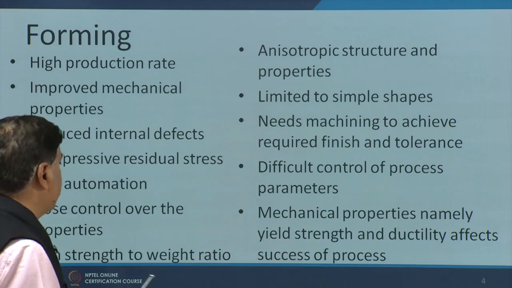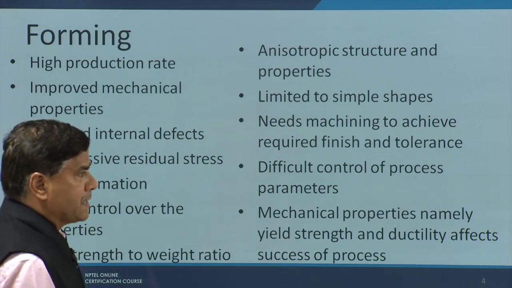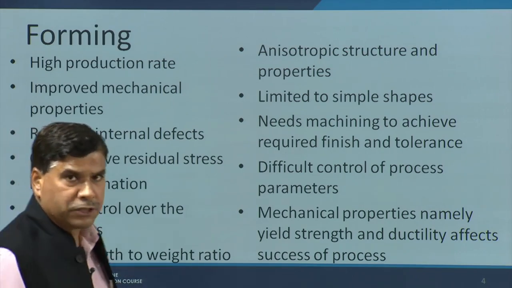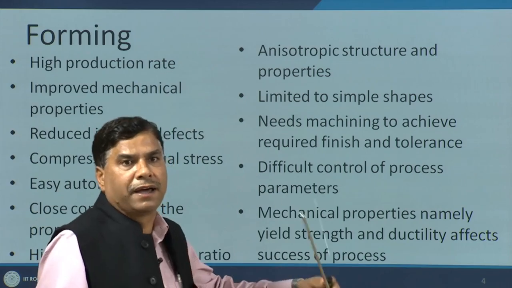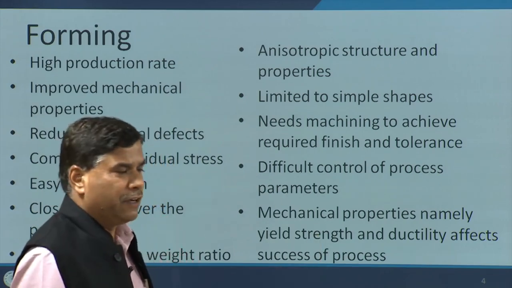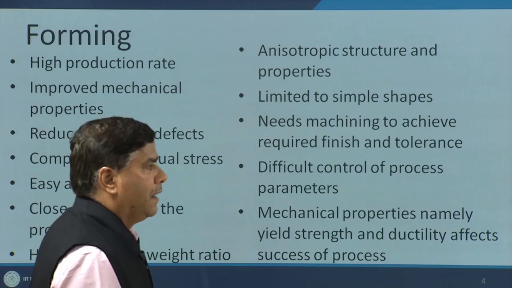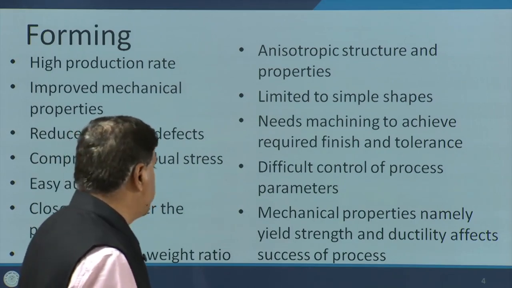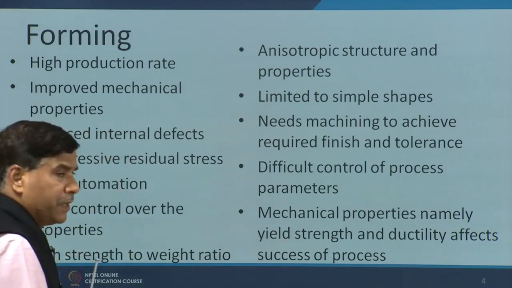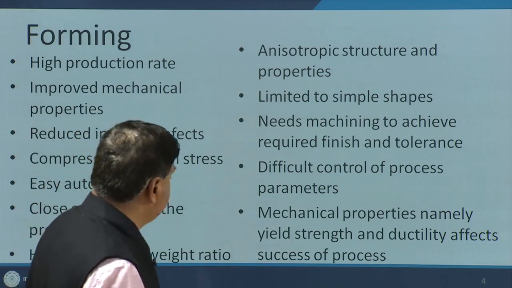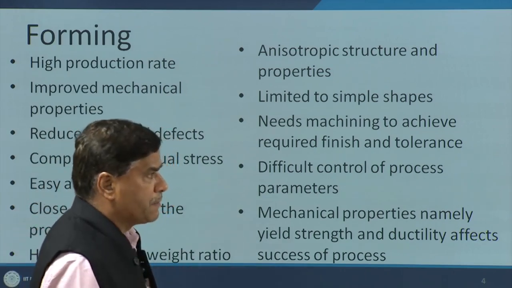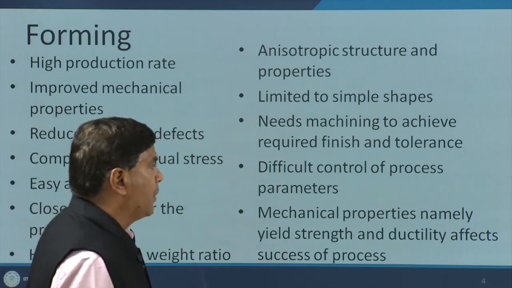At the same time, high strength to weight ratio is achieved, because this process through work hardening helps to achieve the higher strength for the same mass of the metal, and therefore the strength to weight ratio achieved by the components made using the forming processes or deformation based process becomes quite good.